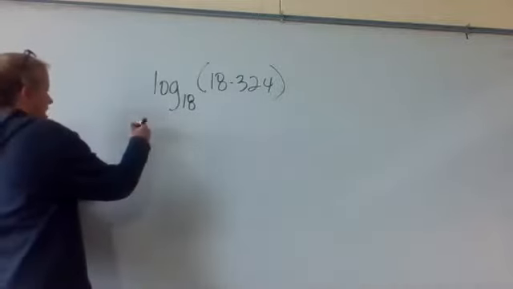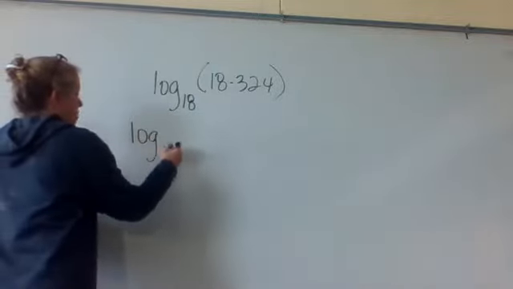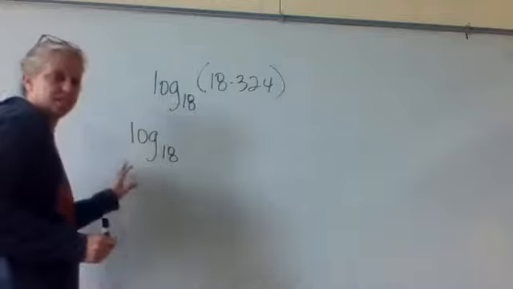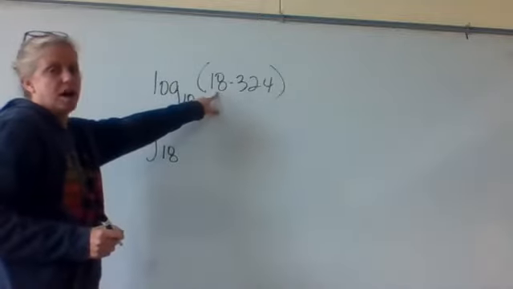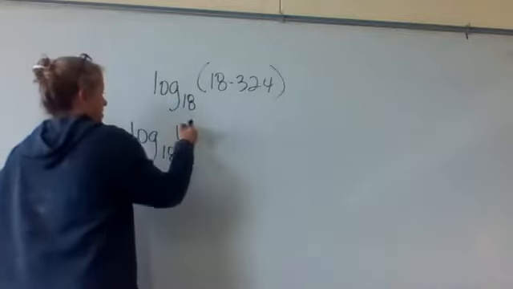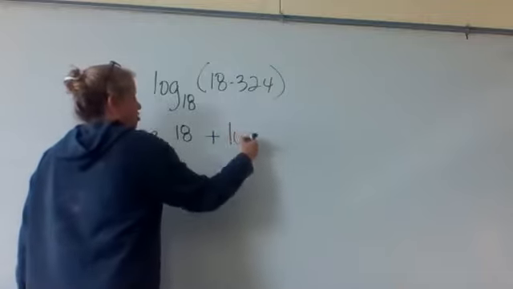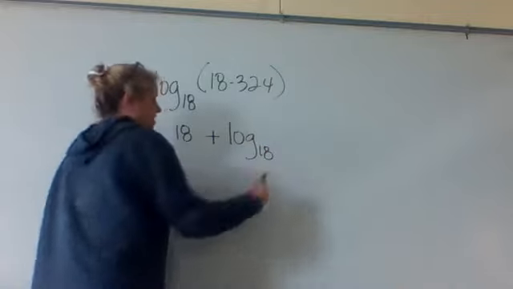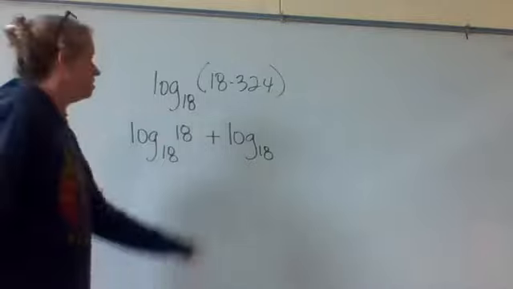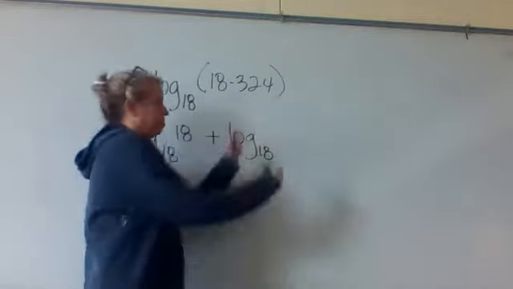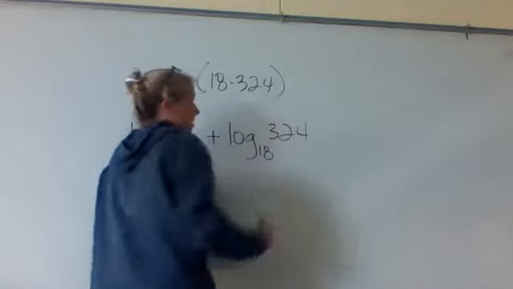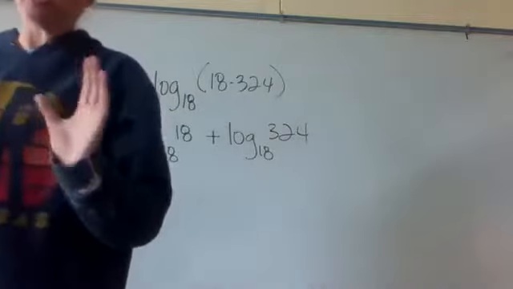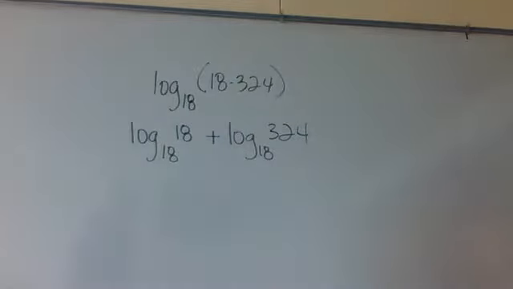Both of them are going to have the same base. So log base 18 of the first number, which is 18. Then add that to another log base 18 of the second number. And you would leave it just like that. Just convert it to the sum of logs.